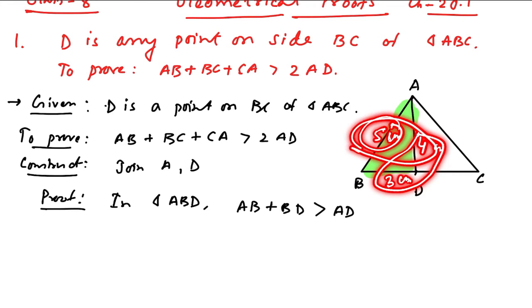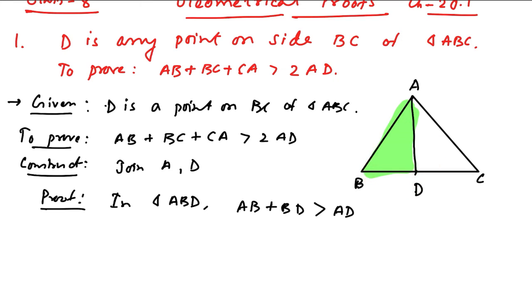You can take these two sides, 5 plus 4 is 9, and this is greater than 3. For any two sides in this triangle we have taken AB plus BD, and this is greater than AD. Put this as number 1.